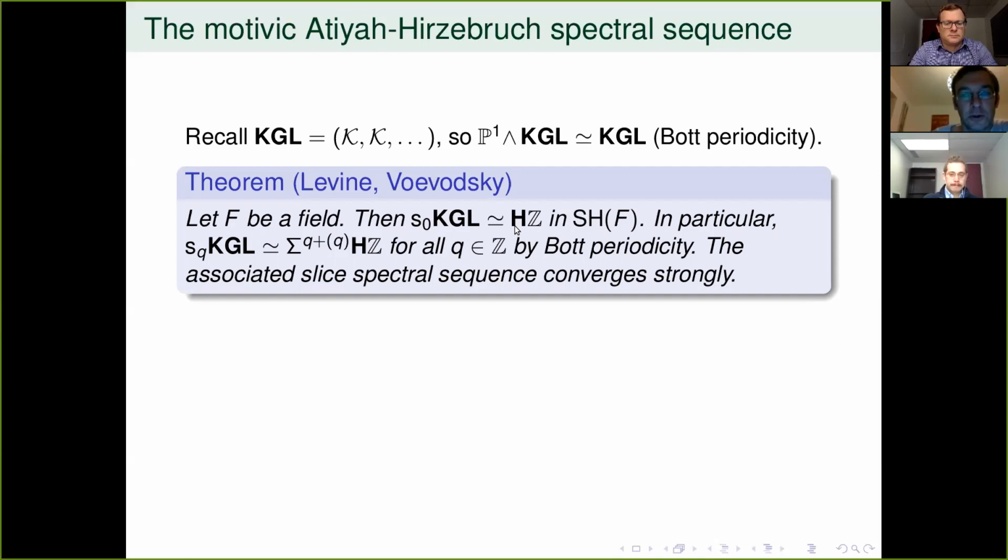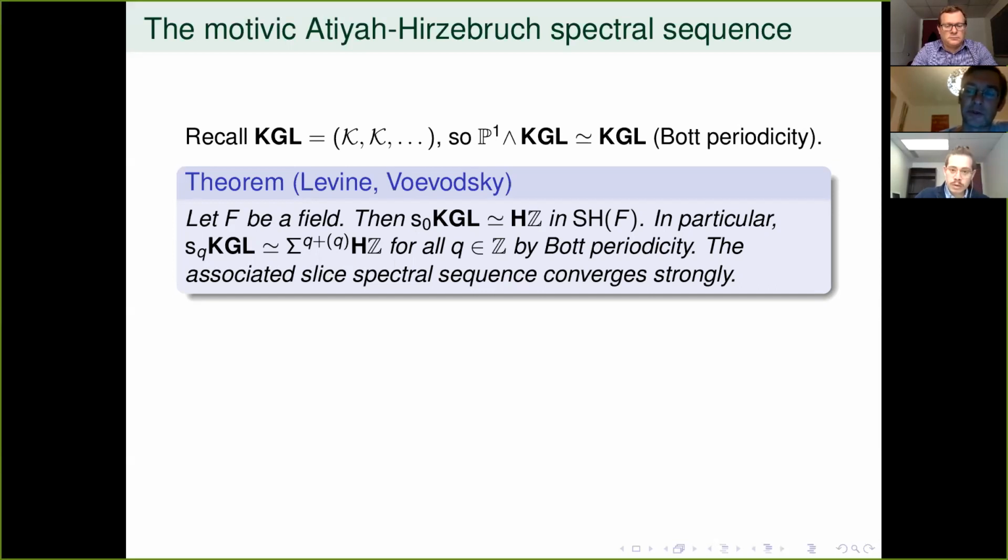So if you like, you can use this as some definition of motivic homology. Last time I did not define motivic homology properly. Anyhow, so this is the identification. And because we have this Bott periodicity for algebraic K-theory, so if we suspend KGL with P1, we get back KGL, then we have all the slices of K-theory. They are suspensions of the integral Eilenberg-MacLane spectrum. And then there's an extra statement.